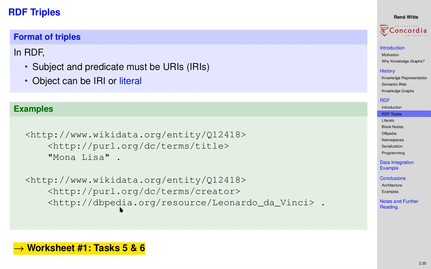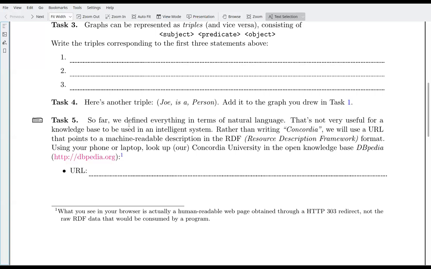So before we go further, another task for you on the worksheet. In the next task, it's the first time where you're going to work with one of these online knowledge graphs. And in this case, we're going to look at DBpedia. I'll talk a bit more about DBpedia in a few slides, but for now, just try to find Concordia University, and you'll see there is more than one.